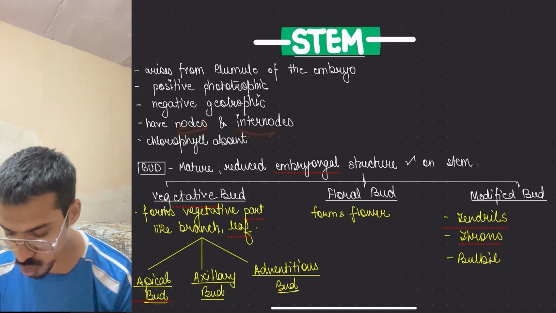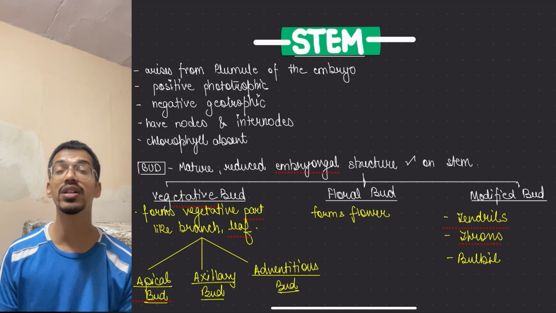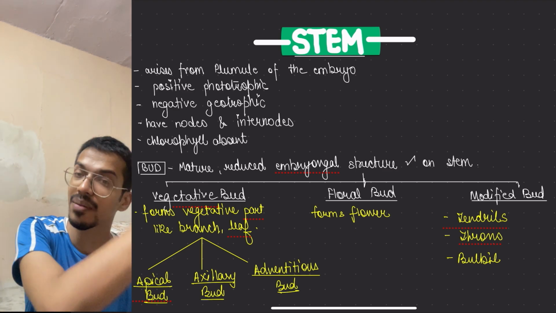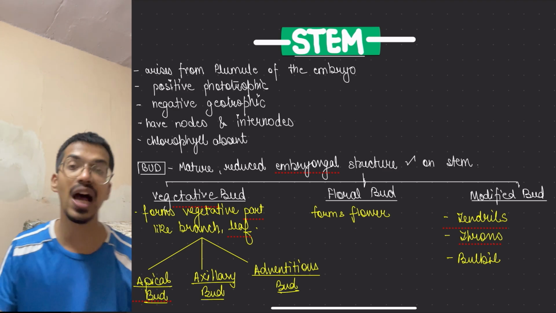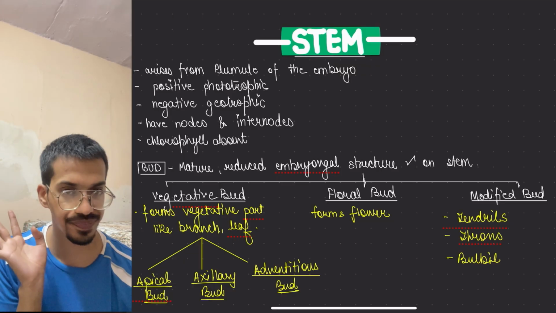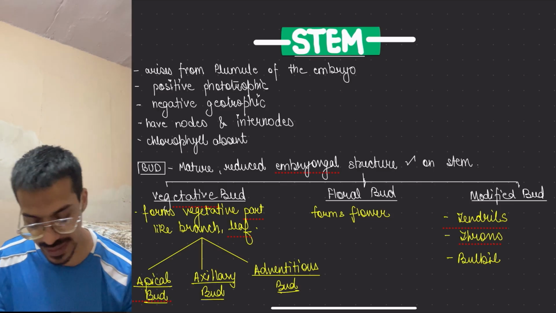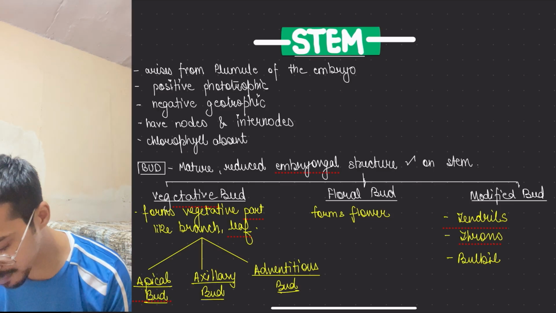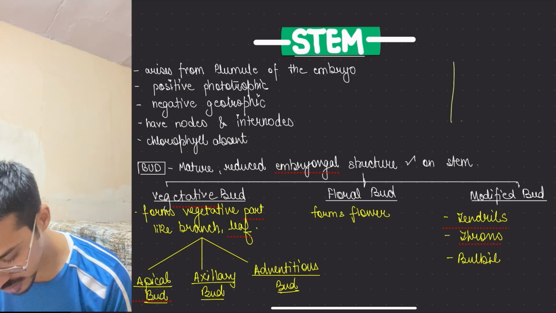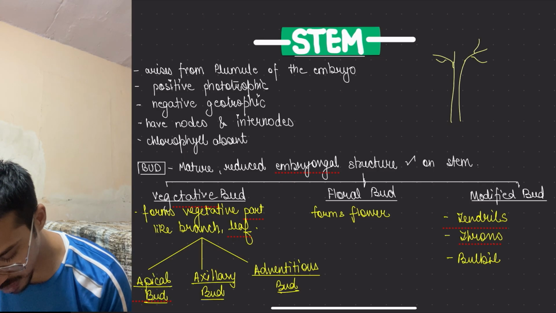Next, it has nodes and internodes. What are nodes and internodes? Nodes and internodes are at a regular interval. There is branching coming out from it, or the chances of branching coming out of it. That area of the stem is called node. In between the two nodes, there is a space present called internode. So if I have to draw it, this is the stem. From here, the stem is coming out, right?